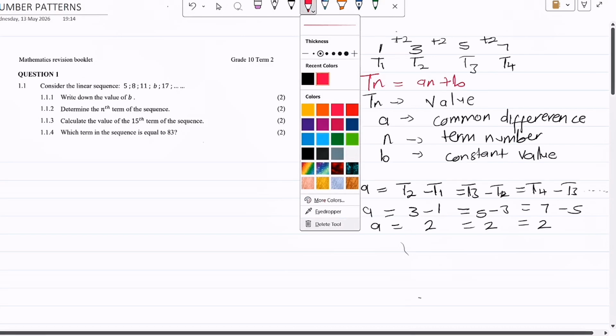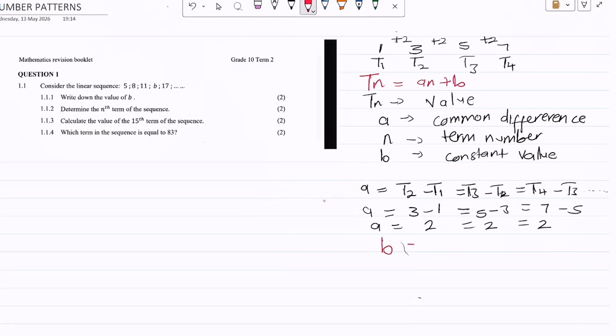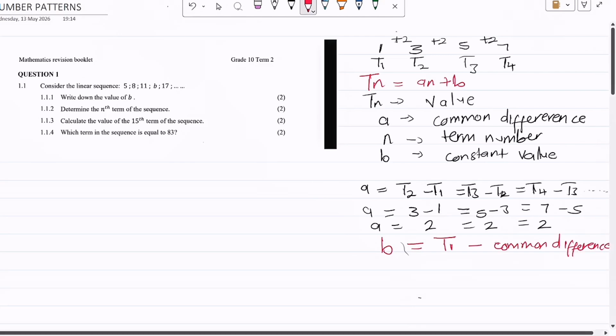So to find b, we say b is equal to T1 minus the common difference. Or if you want, you can just say b is equal to term number 1 minus a, like that. Those are the formulas that you are going to be using.